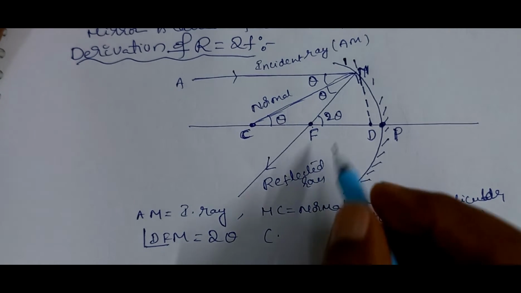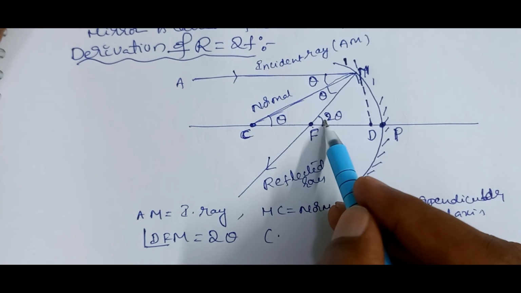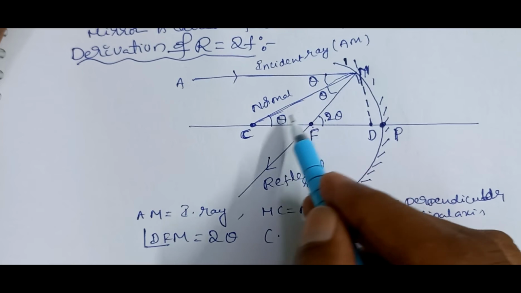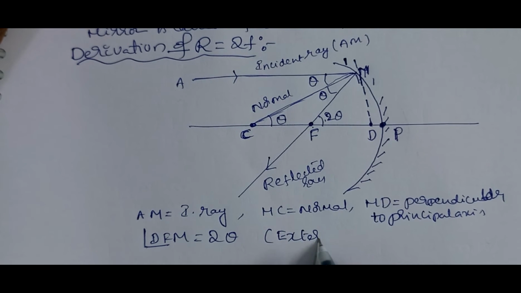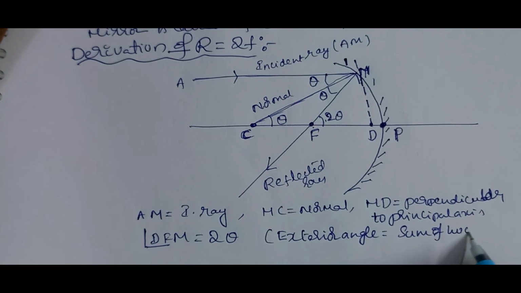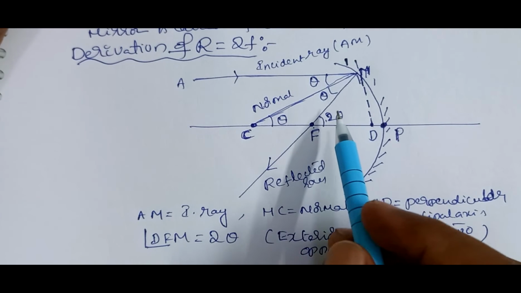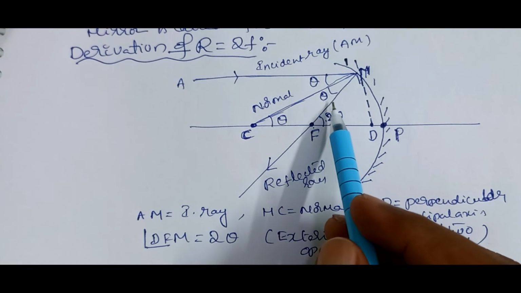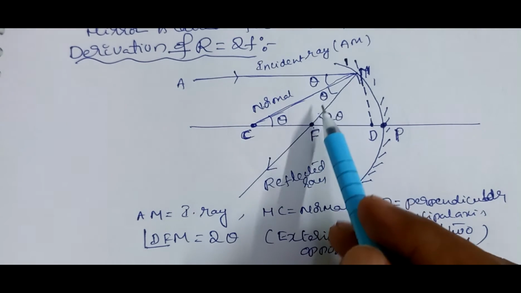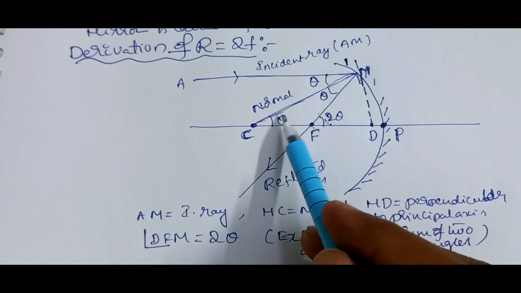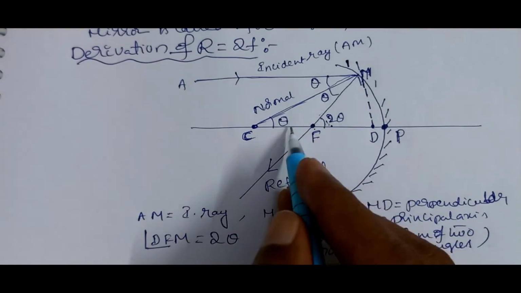In this triangle it is an exterior angle, and these two are the opposite interior angles. In a triangle, the exterior angle equals the sum of the two opposite interior angles. We took this as 2 theta because it is the exterior angle, and the two opposite interior angles sum to theta plus theta, which is 2 theta.